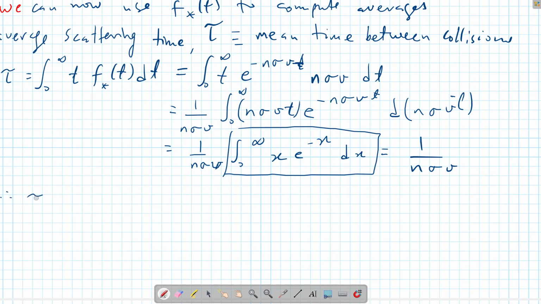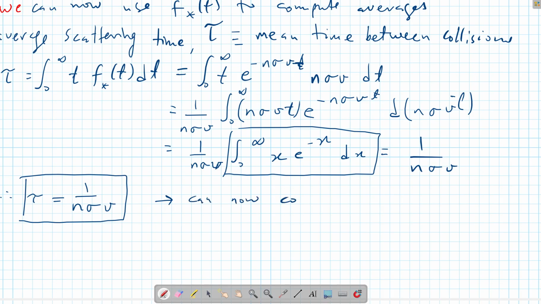Therefore, we have the average collision time is 1 over n sigma v. So this is what we need. Now, given tau, the average scattering time, we can now compute the mean free path.